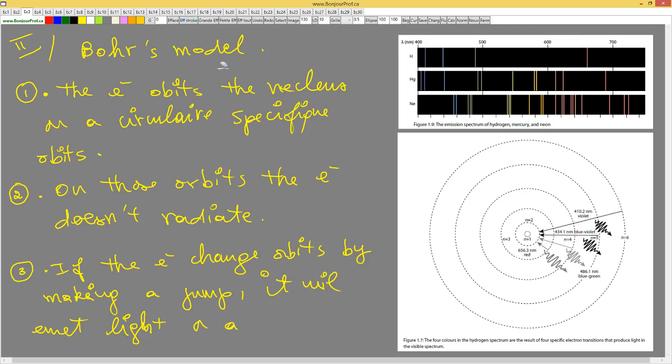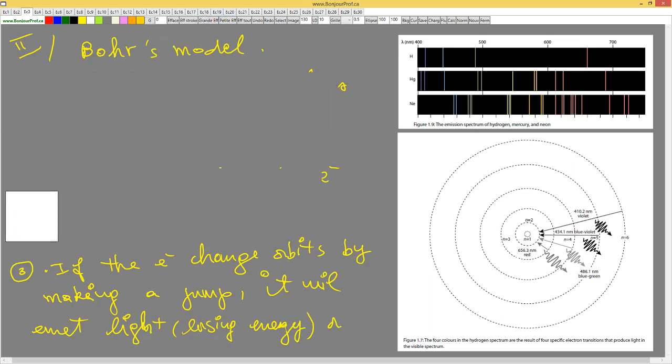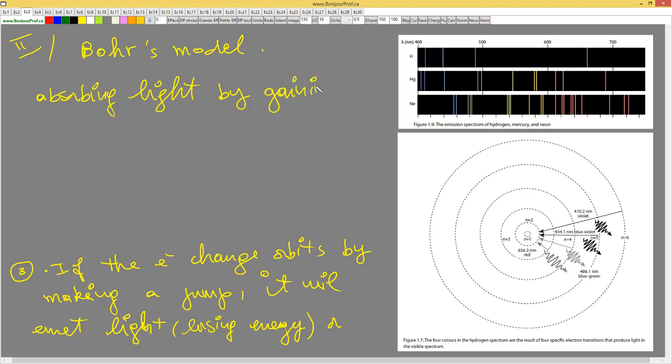Emit light, what does it mean? It means that you will lose energy. Emits light by losing energy, or absorbing light, and what does it mean? Gaining energy.